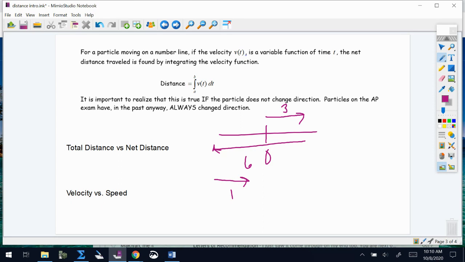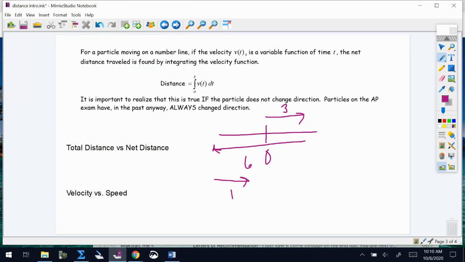I end up at -2, which means I traveled 2 units. That's my net distance traveled. That's often not what they want on the AP test. What they're looking for on the AP test is what's called total distance. Total distance is actually how far did you actually go, including all your backtracking.